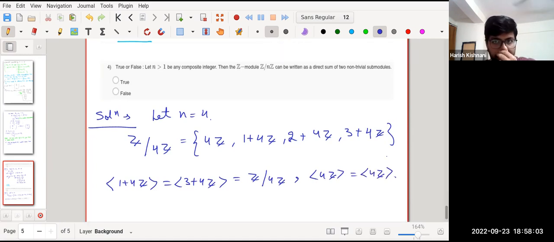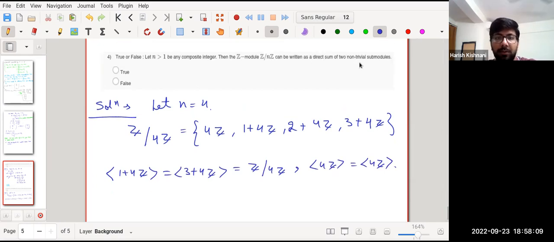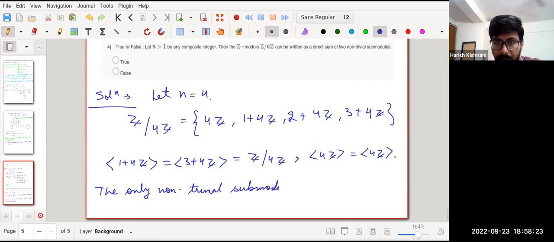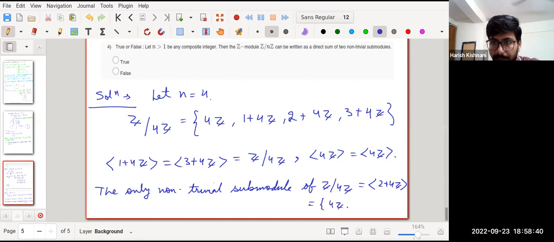It is saying a direct sum of two non-trivial submodules. So the only non-trivial submodule of Z mod 4Z is the module generated by 2 plus 4Z. That is, it has two elements, 4Z and 2 plus 4Z.